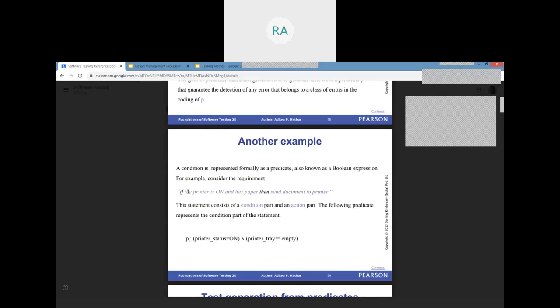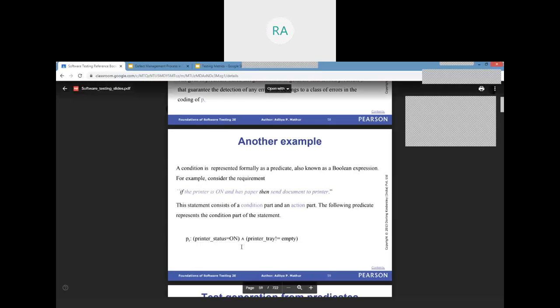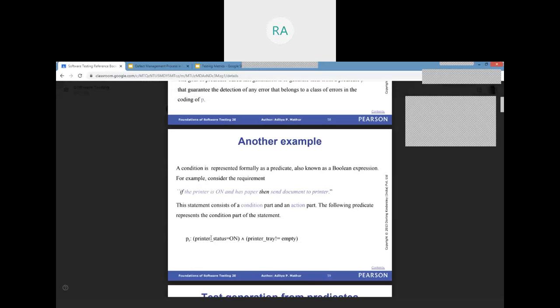Only then should the instruction be given to the printer to print that document. See here, this statement consists of a condition and an action part, so they have written the predicate in this format.